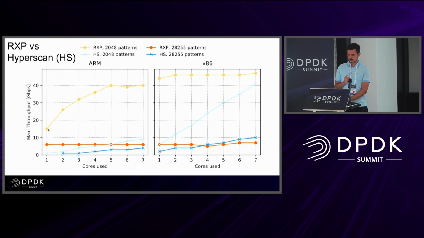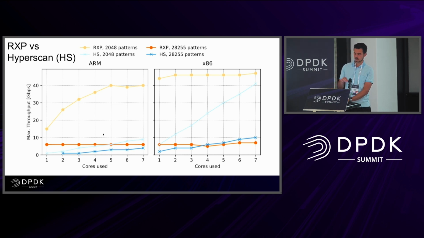This scaling on the ARM and the Regex engine itself, it's not that the Regex engine would use more CPUs, but rather it's the low forwarding capacity of the ARM cores that they were just not keeping up with forwarding data to the Regex engine, and that's why the performance improves on the ARM and not on the x86.